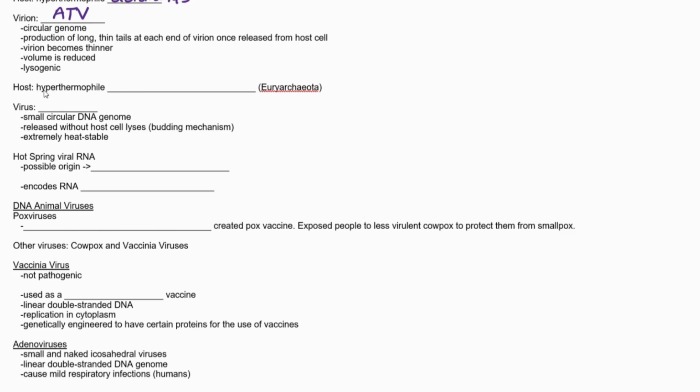Our third host is hyperthermophile Pyrococcus. The virus is PAV1. It has a small circular DNA genome. It's released without host cell lysis, usually in a budding mechanism, and it is extremely heat stable.